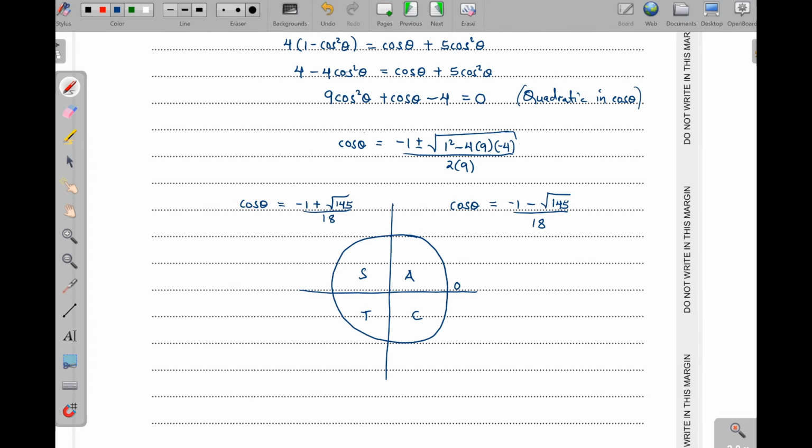So we have 0 degrees, then 90 degrees, this is 180 degrees, this would be 270, and coming back here, this would be 360. That is when we move anti-clockwise, and the angles are positive. When we move clockwise, the angles are negative. So this will be negative 90 degrees, and this will be negative 180 degrees.